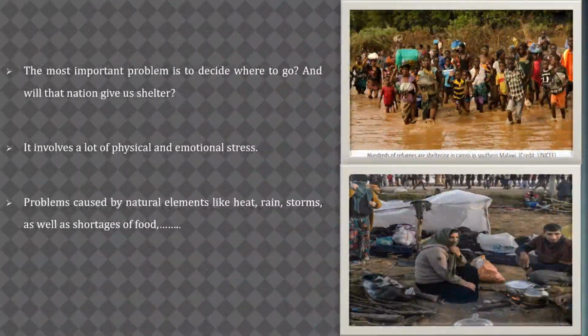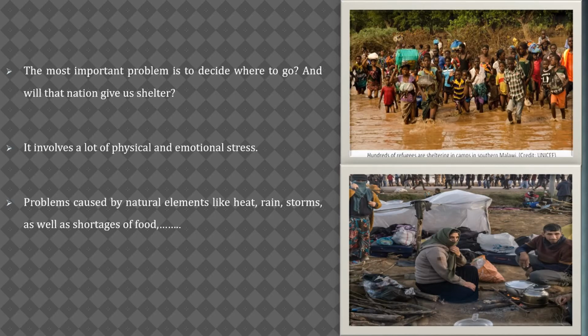When the people of any country are forced to leave their own country as refugees, they have to face many problems. The most important problem is to decide where to go and whether that nation will give shelter to them. These are the questions that they generally face. Secondly, they also have to take along with them other members of their families.